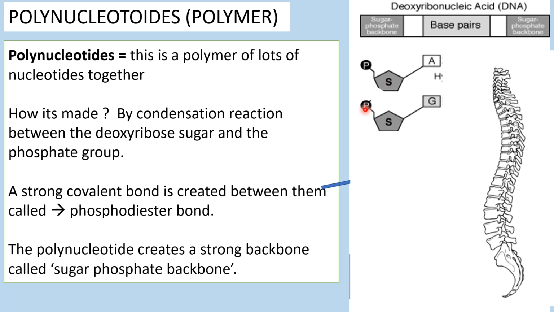This is a condensation reaction, so you're forming a bond between the sugar and the phosphate. As you can see here, this is our bond between the sugar and the phosphate. This bond is a strong covalent bond. And you have to know the name of this bond: it is called a phosphodiester bond.